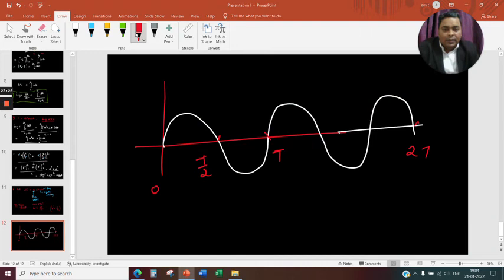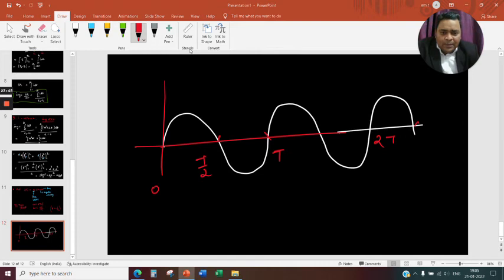Okay, so you can see 0 to T by 2, and then after T by 2 to T, and again after T the graph repeats itself. Okay, so let me make changes here. Here 2T. Now see, after every T interval of time the graph repeats itself.